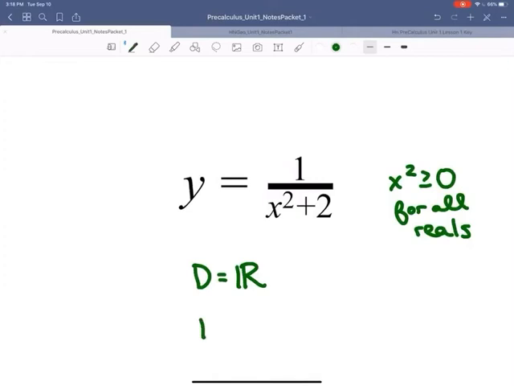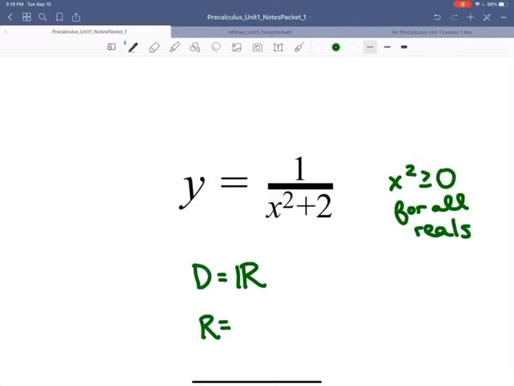Now let's talk about the range. Well, to get the maximum value of this function, we want to make the denominator as small as we can possibly make it. If we plug 0 in, then 2 is in the denominator, and the output is 1/2.